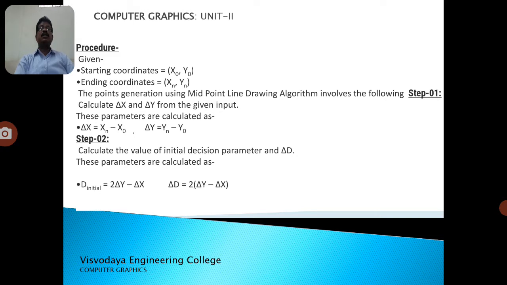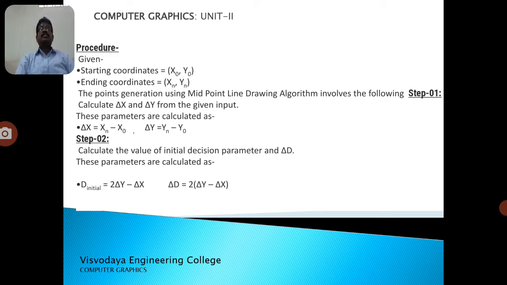Similarly, the next parameter is also found, with the notation d new. There are a few changes in this algorithm compared to Bresenham's and DDA. This is also a popular line drawing algorithm, and it is more accurate compared to the previous algorithms, because here we can find the initial parameter value and also the new parameter value, that is d new.